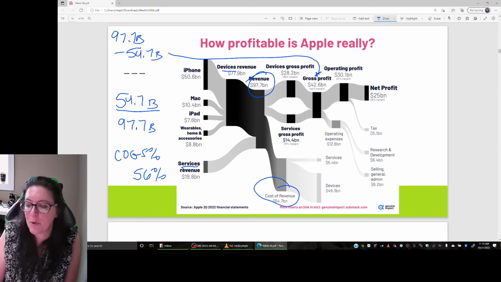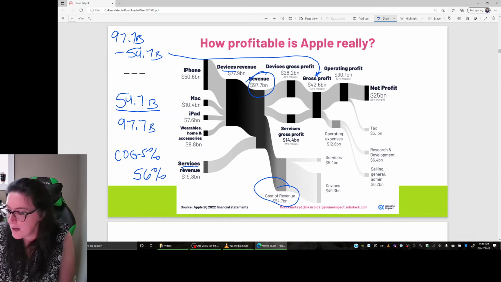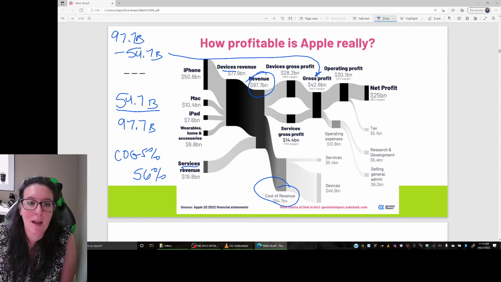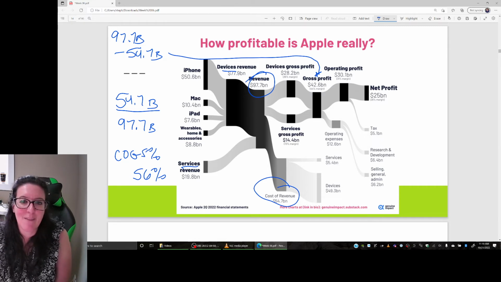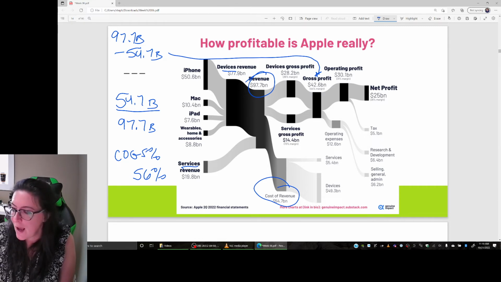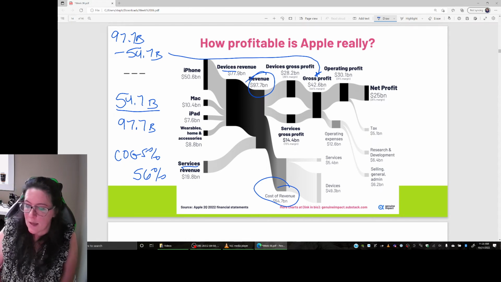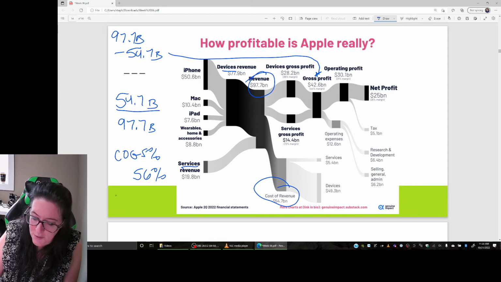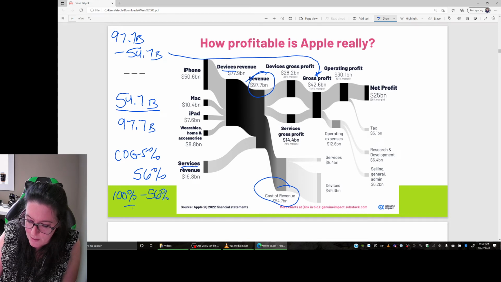All right, Apple, we take gross profit of 42.6 billion. We divide by that sales revenue of 97.7 billion. And when you do that, you get a gross margin of how much? 44%. Now notice the COGS percentage is 56%, so we could just have taken 100% minus 56%, right?